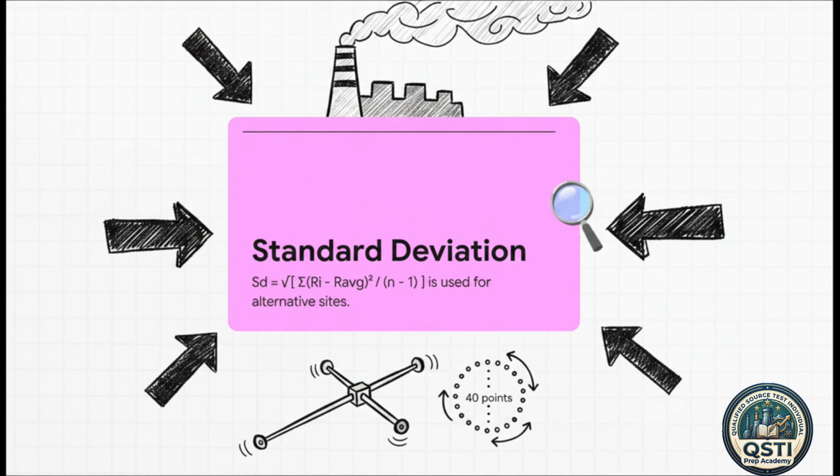Now, if you're forced to use the alternative measurement site selection procedure because your site is just incredibly cramped, the rules get even stricter. Let's write out one more big formula here. To prove an alternative site works, you don't just calculate the average angle. You have to use a highly sensitive 3D probe to measure both pitch and yaw at 40 or more points, and then calculate the standard deviation of those resultant angles using this formula right here.